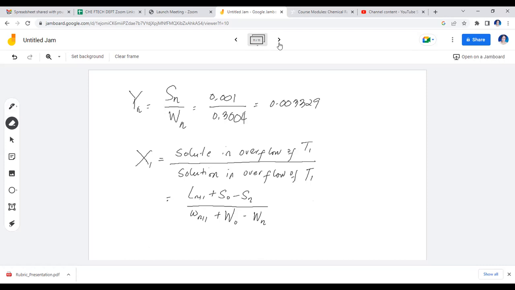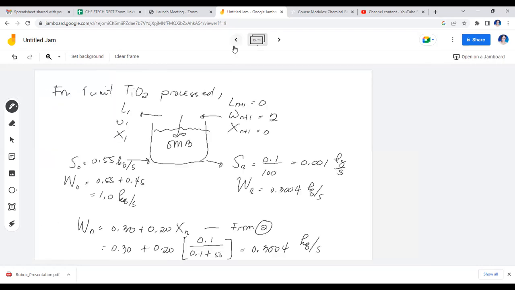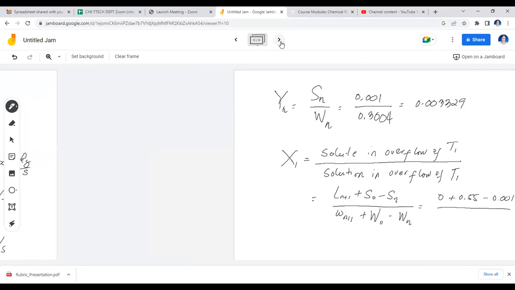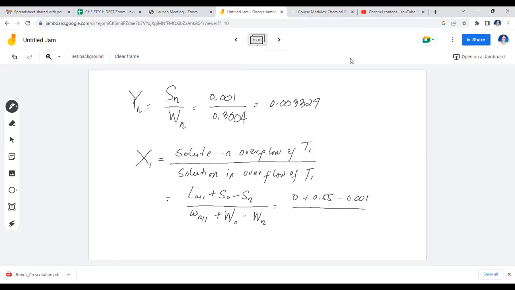If you substitute the values, you will have no solute in the wash water. You have S0 to be 0.55. You have here 0.001. These are all taken from the illustration that we did, lumping all the thickeners into one thickener.